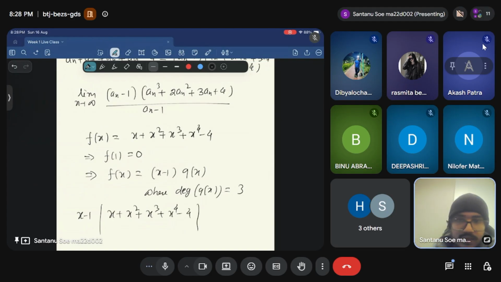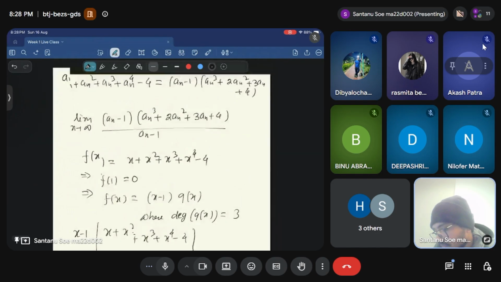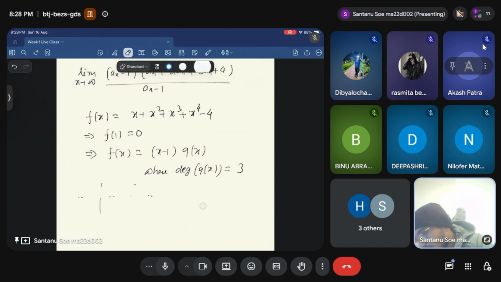Okay. So if you do the division, you will get the quotient. So should I do it, or will you guys be able to do it? So up to here, is it clear to everyone or not?